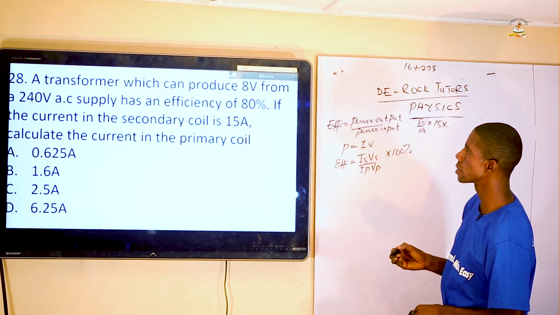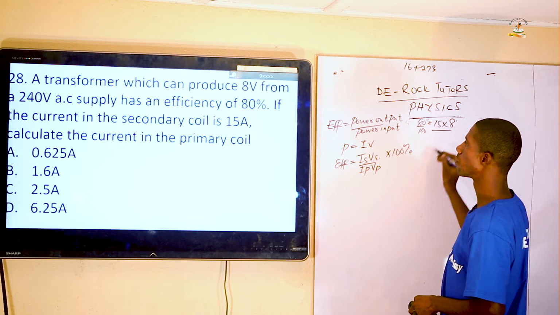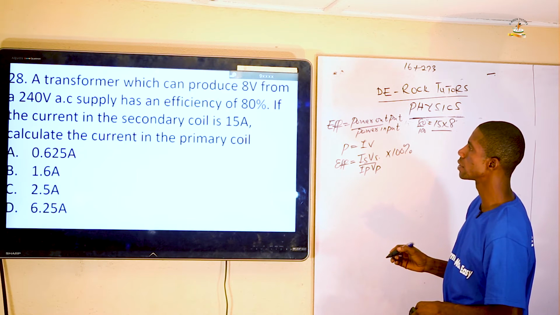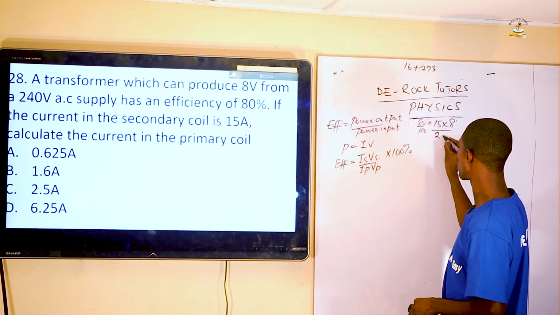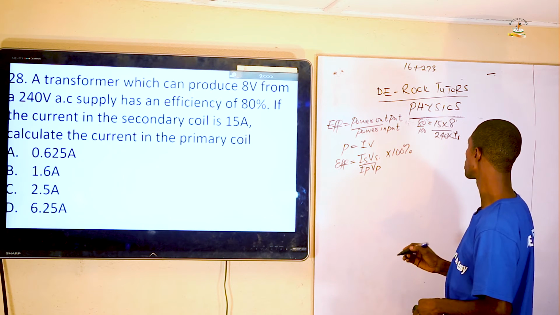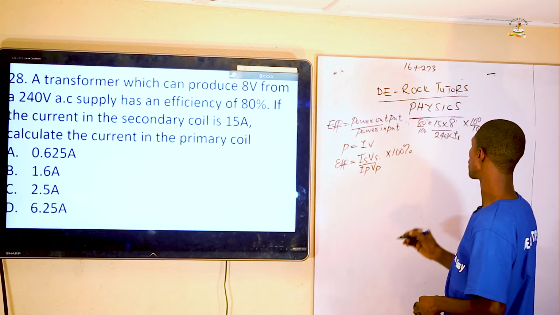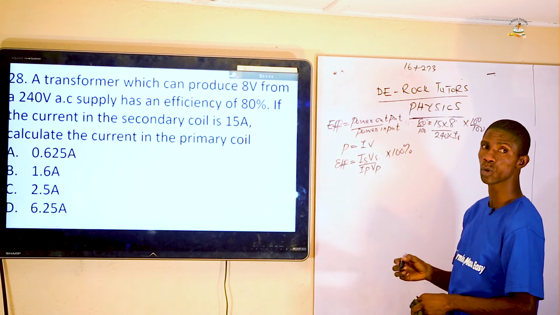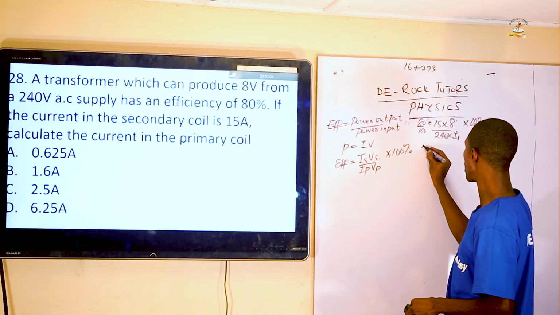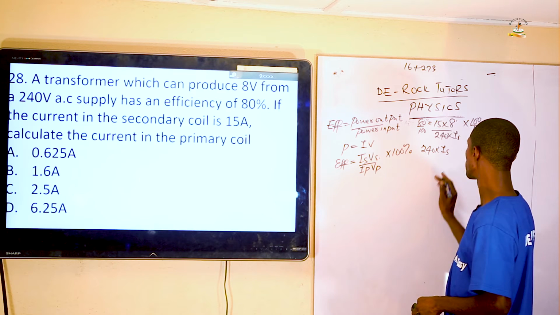Likewise, the voltage in the secondary we have as 8, over the voltage in the primary, which we have as 240, times the current in the primary, multiplied by 100 over 100. So what I will have to do is cross multiply, where I have 240 multiplied by the current in the primary.